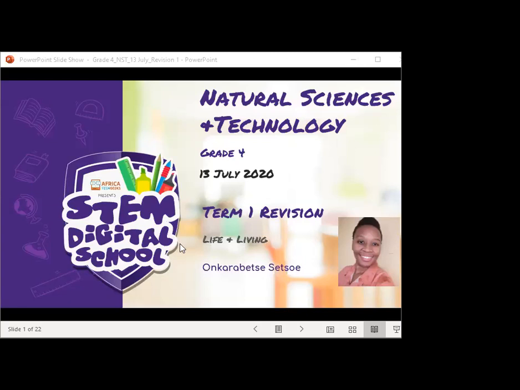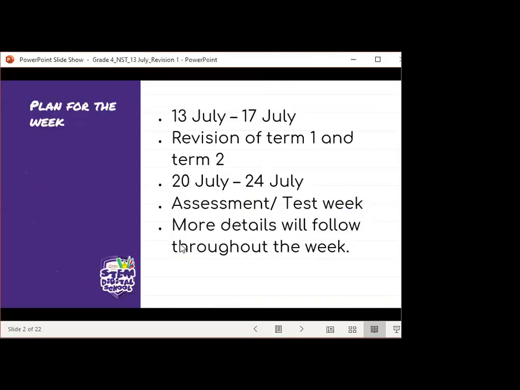So if you are just joining us, I mentioned last week, after we played Kahoot, that this week we will be doing revision. Here is the plan or the layout for this week as well as the next week. We'll be doing revision for term 1 as well as term 2.